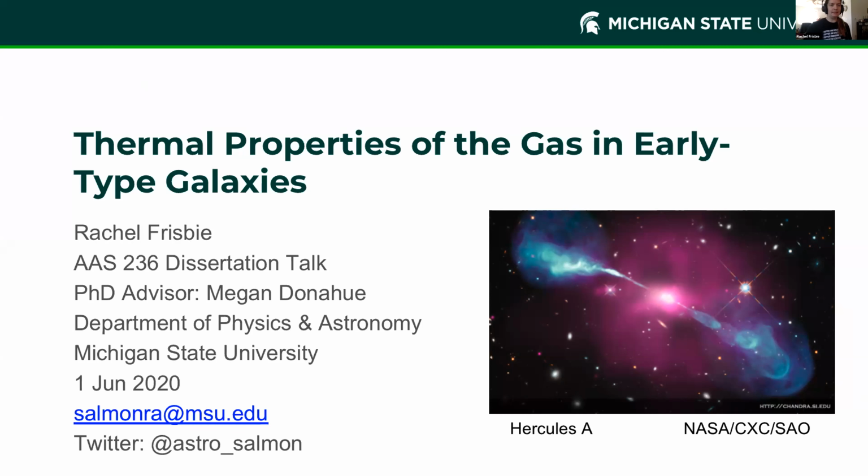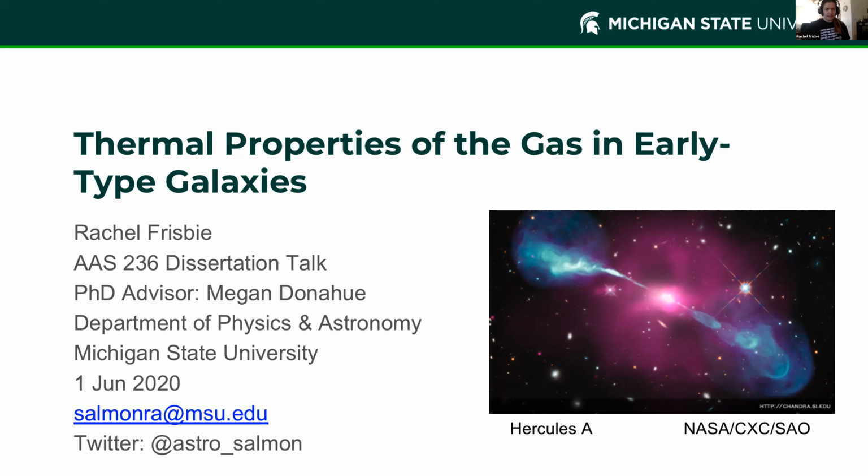Had to unmute myself. All right, so we're going to switch gears a little bit away from the Milky Way and get into some fun stuff about X-rays. I'm Rachel Frisby, giving this dissertation talk on work that I've done with my PhD advisor, Megan Donahue, at Michigan State.